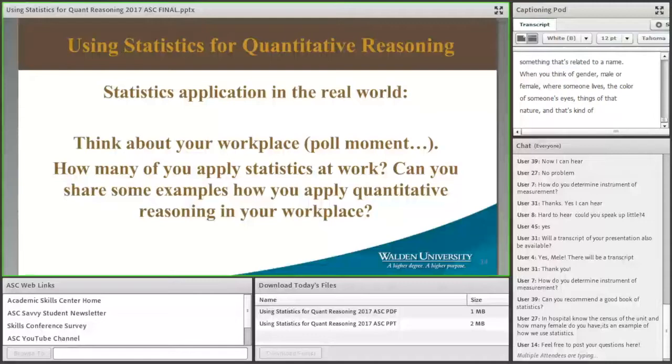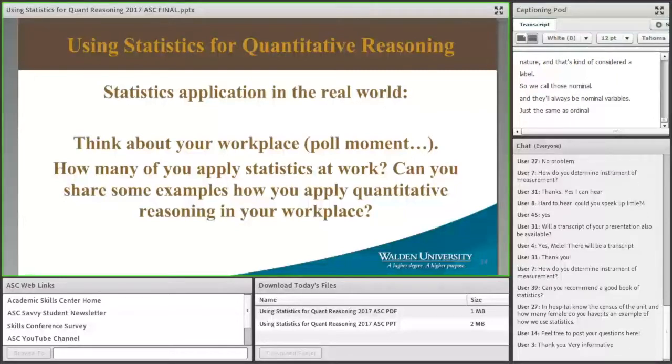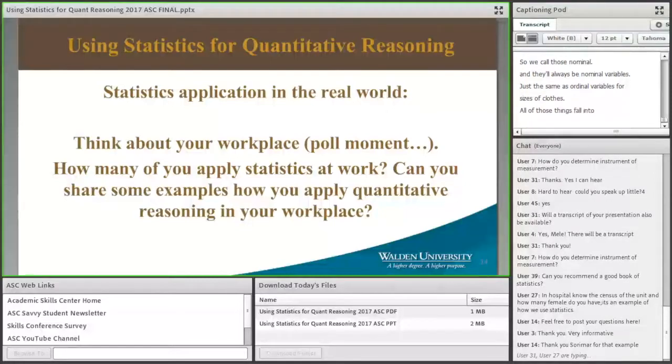So we call those nominal, and they'll always be nominal variables. Just the same as ordinal variables for sizes of clothes. All of those things fall into those categories. And the more you learn about statistics, the more familiar you'll become with these. Janine, is there anything extra on that?